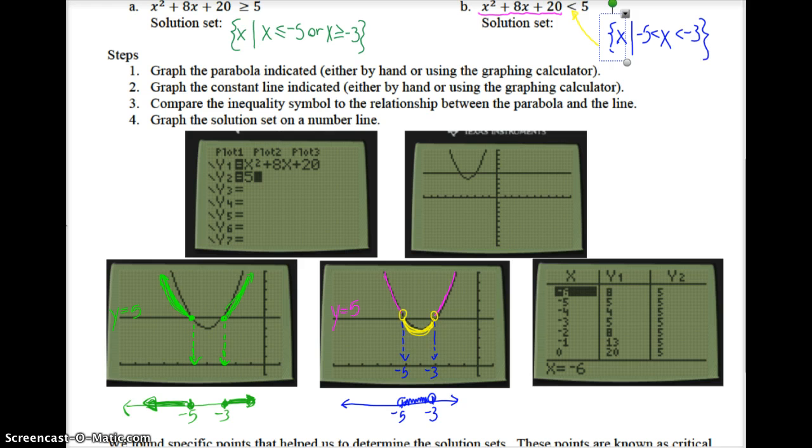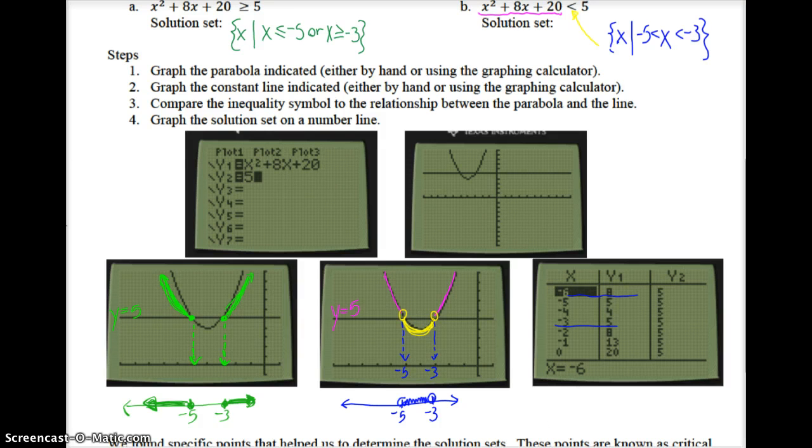Now, if we look at it on the table, we can see that when it's equal to 5, that's kind of our turning point right here. So when we're greater than 5, it's going to be starting there, and where's our other 5? Right there. Did I do that right? No, that doesn't look right at all. Okay, so our 5 is, there we go, that's better.